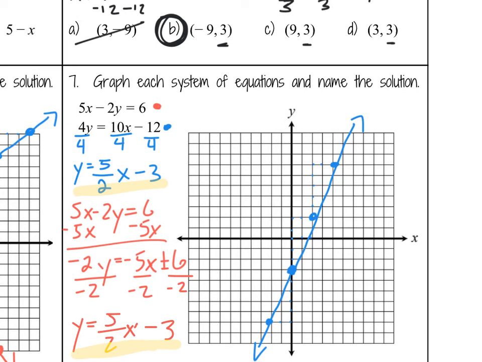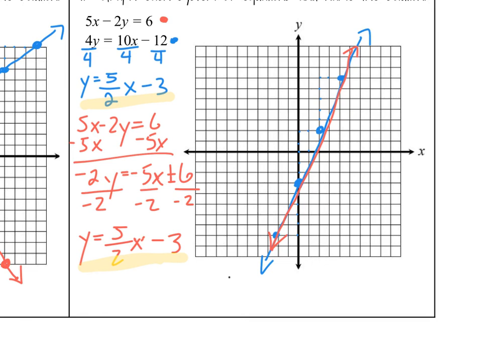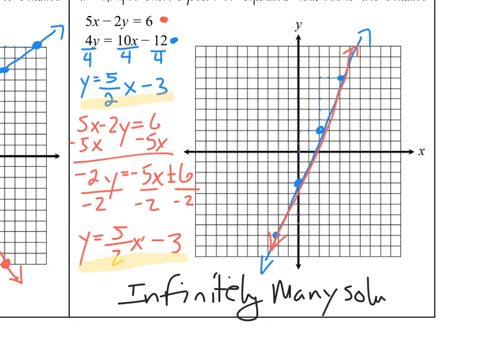When I go to graph then that second line, I graph the exact same line, and so they intersect everywhere, which means my answer is infinitely many solutions. Let's try to spell solutions correctly here. What a lot of people will write instead is just IMS, infinitely many solutions, right?